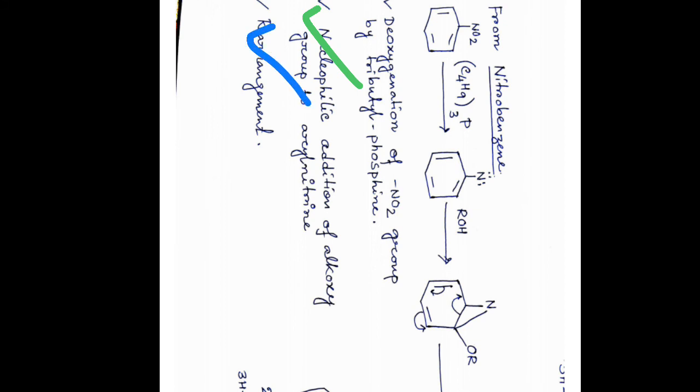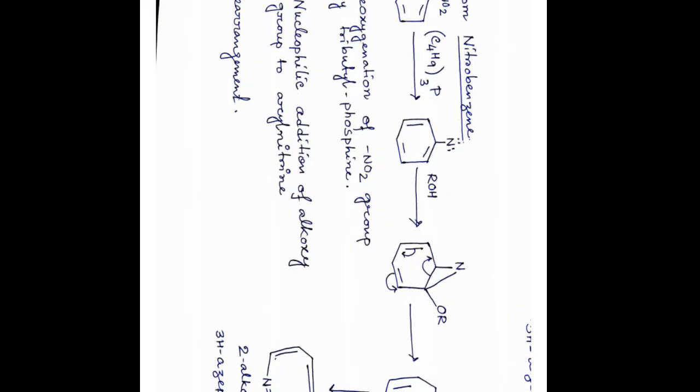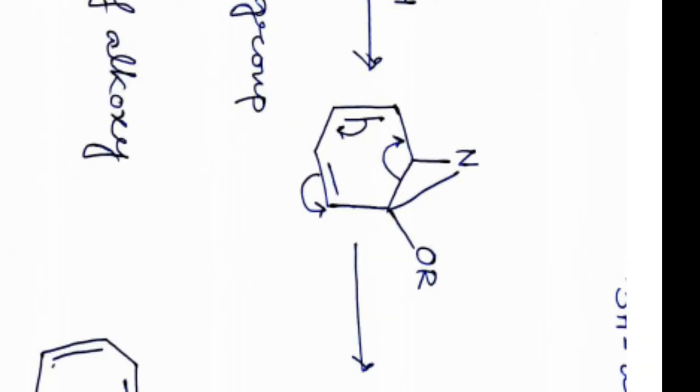The second stage, nucleophilic addition of the alkoxy group by the aryl nitrene. And finally, when we get the azepine, that is the rearrangement of the bonds present in the structure. So this is the synthesis of azepine derivatives from nitrobenzene.